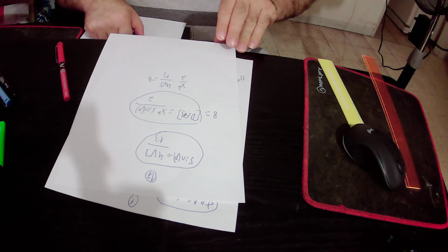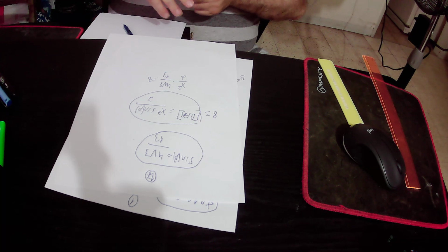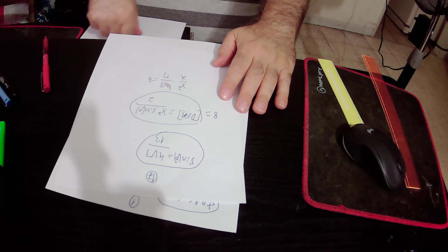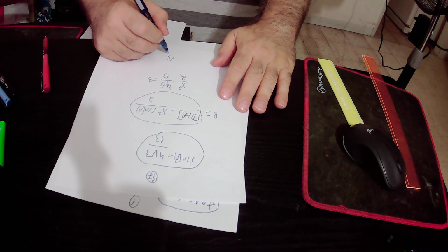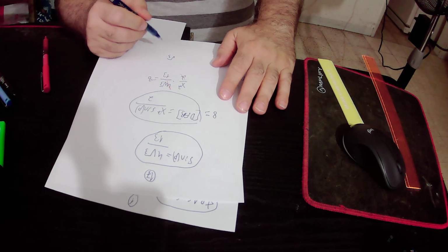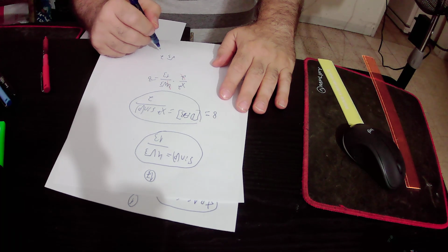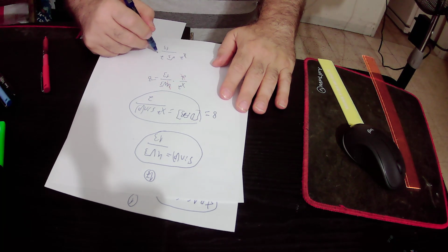Okay, so here 4 over 2 is 2. So in total we will get root 3 times 2 over 13 times x squared equals 8.